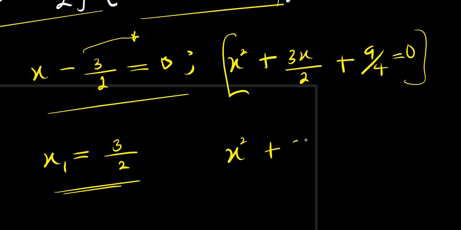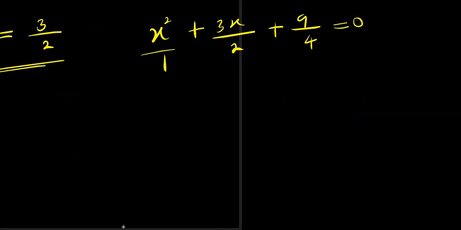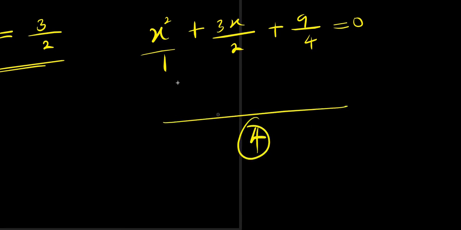I can also solve this one here. I have x squared plus 3x over 2 plus 9 over 4 equals 0. Let's start by finding the common LCM. The common LCM is 4. 4 divides 1, 4 times x squared. This is 4x squared, plus 4 divides 2, 2 times 3x, this is 6x, plus 4 divides 4, 1 times 9.